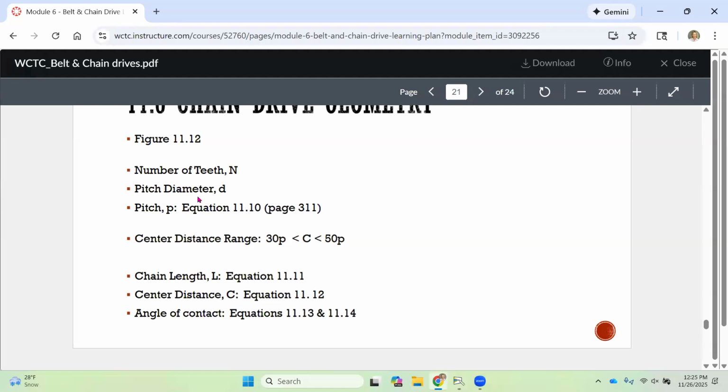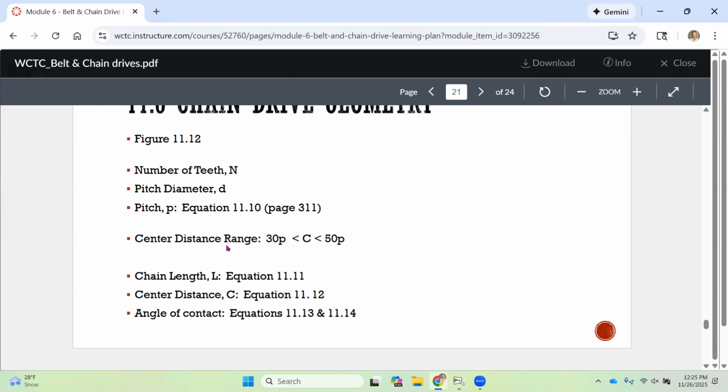Pitch diameter, we already talked about. That's the pitch diameter of our sprocket, where the roller has its effective diameter and transmits the forces and the rotational speed. And then pitch, as we talked about earlier, is going to be determined by dividing by 80.